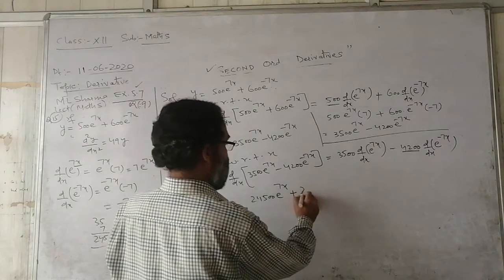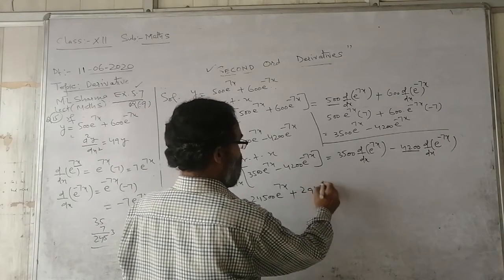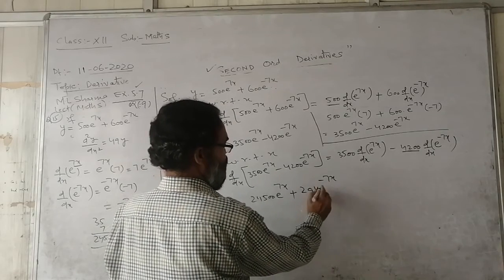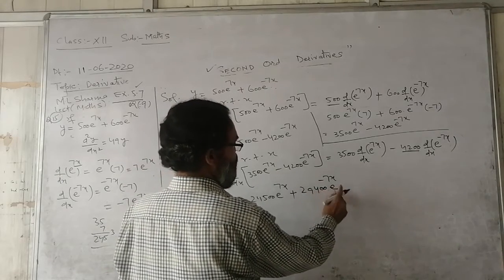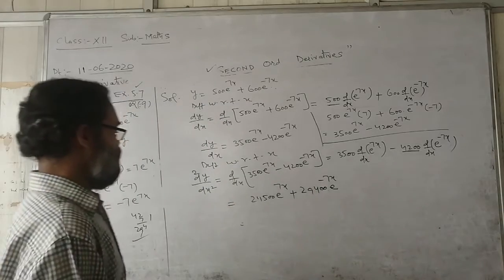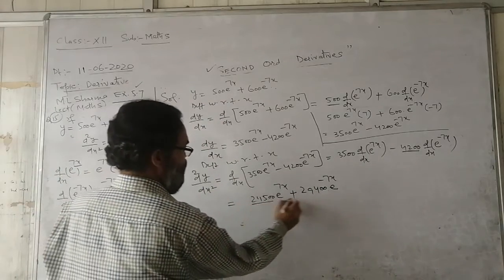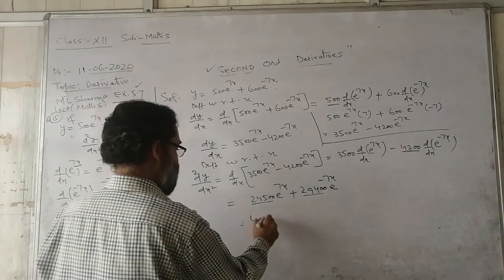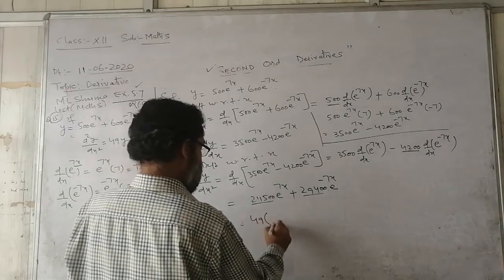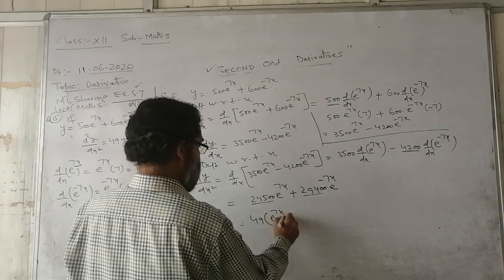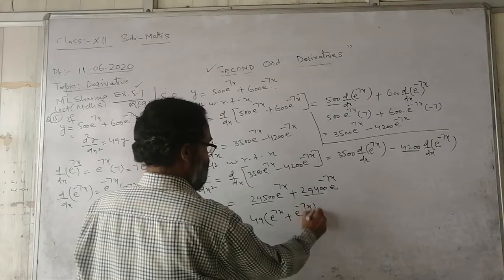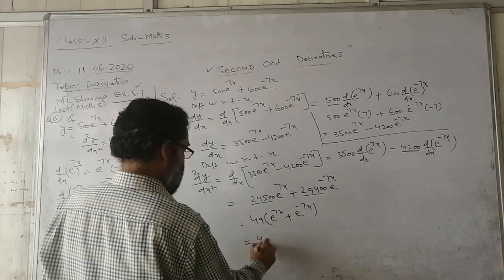So here I will have 29400 into e raised to power minus 7x. So 2 zeros here and e raised to power minus 7x. Now from here I can take 49 as common factor.